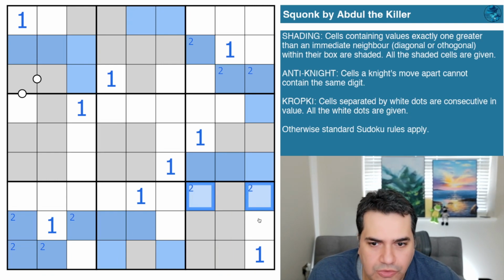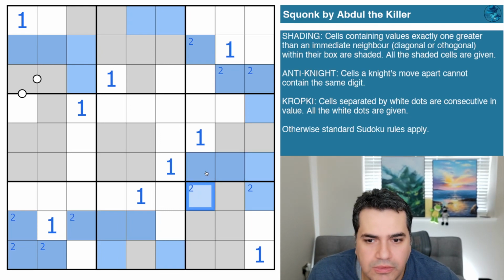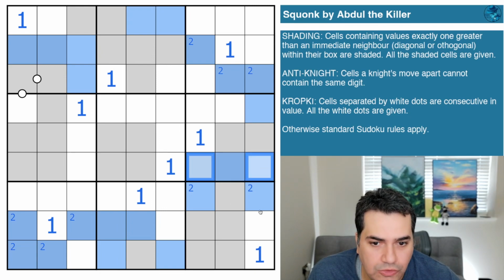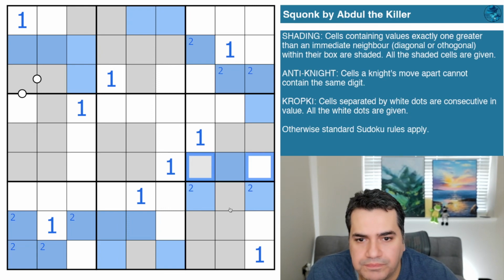I'm willing to corner pencil mark this now, which I think eliminates both of these. You see, if a 2 is in here, you can see this with normal Sudoku rules and this one with knight's move, and the reverse is true. So neither of these can be a 2 anymore.